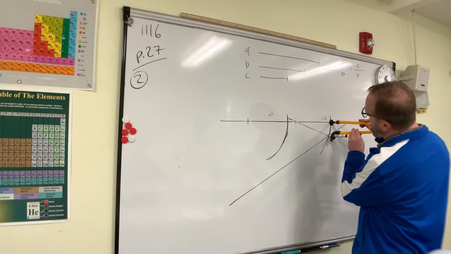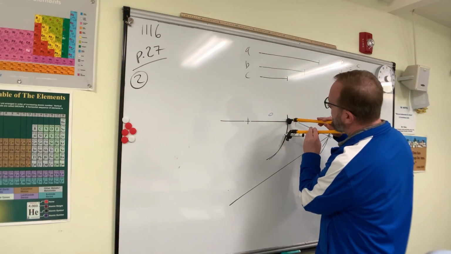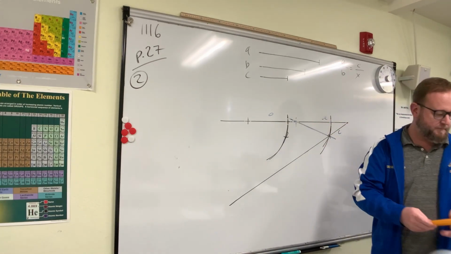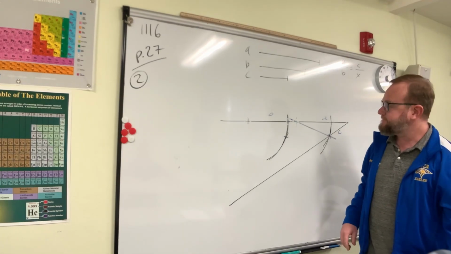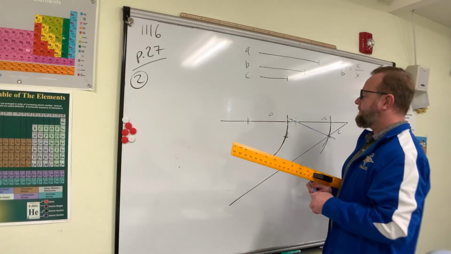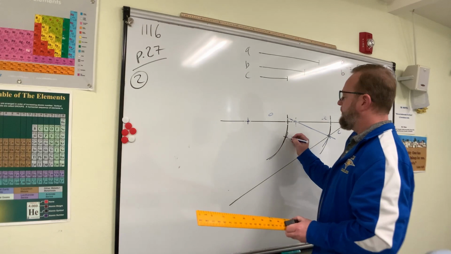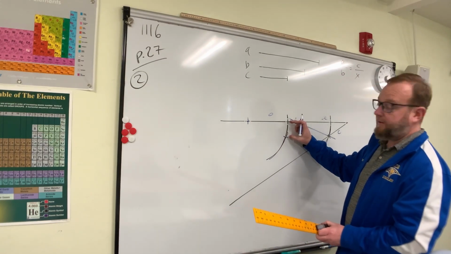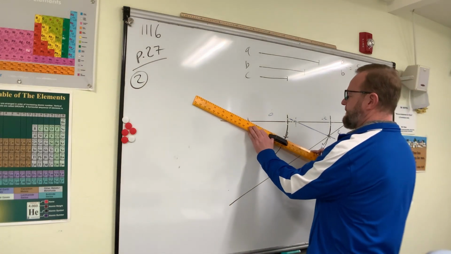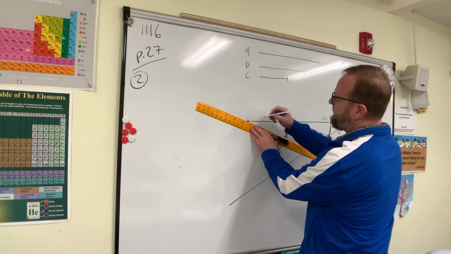Let's see if I can do it here. That distance is equal to that distance. Let's see if this one came out better. Now I have my 2 points. I'm connecting here with here. That is the same arc distance as there. Let's see if that looks good. That's pretty close.